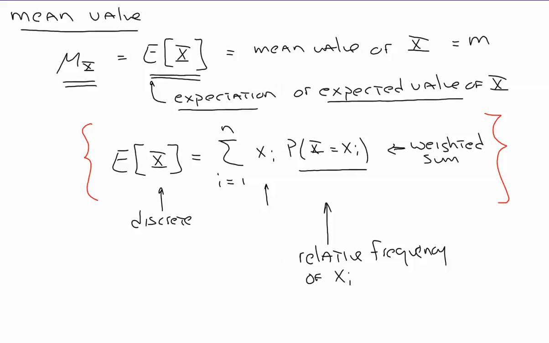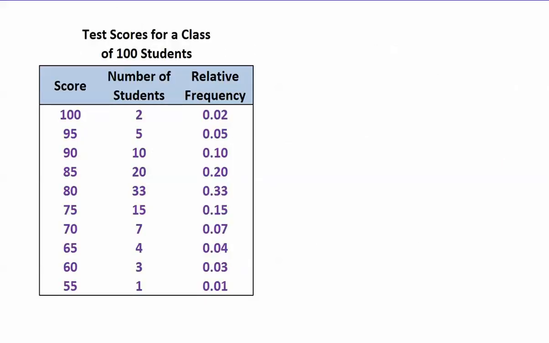All right. So let's look at that a little bit. Let's do an example for that. Let me write down my result up here. I've got the expected value of x. This is for my discrete random variable.